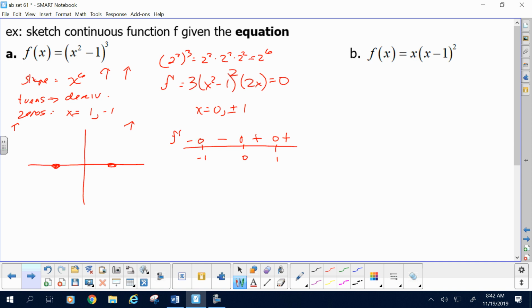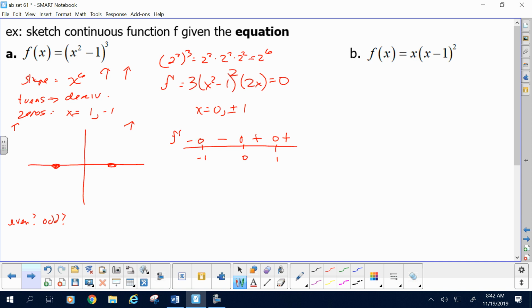Let's go to the second derivative here. What about symmetry? I never did even or odd. Sorry. Is this even, odd, or neither? It is even. When you put in a negative x, you get the same as when you put in a positive x. That's the key criteria for even. And so, because the square will knock it out, do you agree?